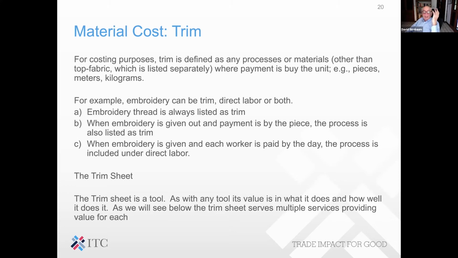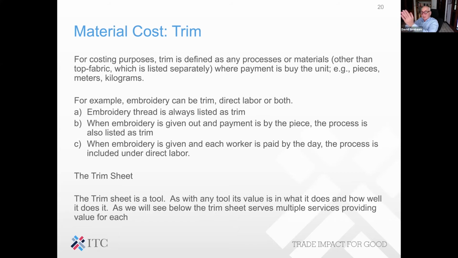If you're producing jeans or polo shirts, embroidery plays an important role with the badges. You have computerized embroidery machines. So how do you look at embroidery? It can be a trim, it can be direct labor, it could be both. It has to be a trim because you have to have the embroidery thread.